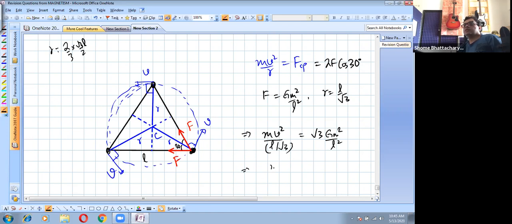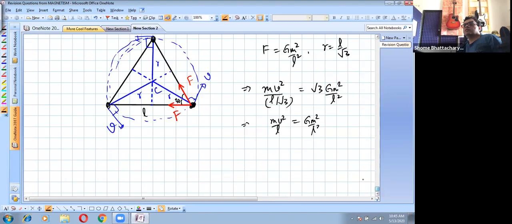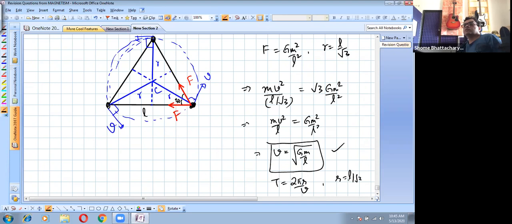So we get this time period, and radius we already know. So L by root 3, yeah. The radius will be L by root 3.